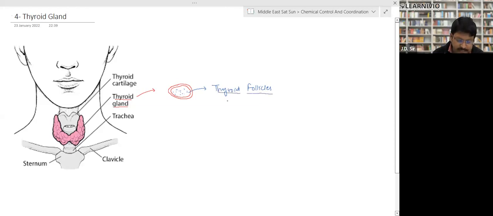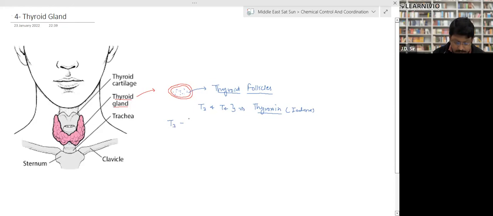What do they actually secrete? They secrete T3 and T4. T3 and T4 are collectively called thyroxine. Now, what is thyroxine? It is a hormone, a compound of iodine. What is T3?